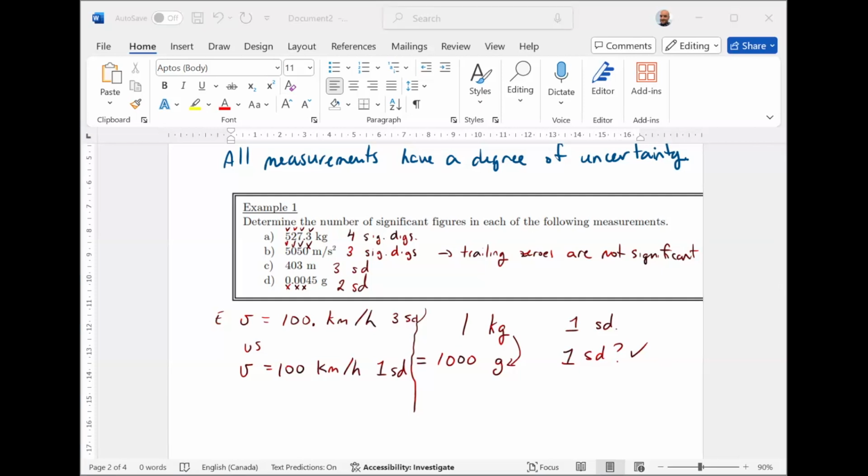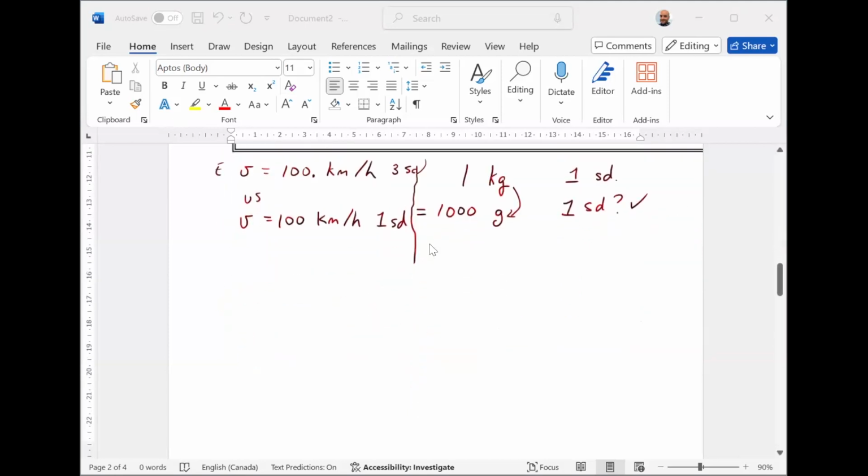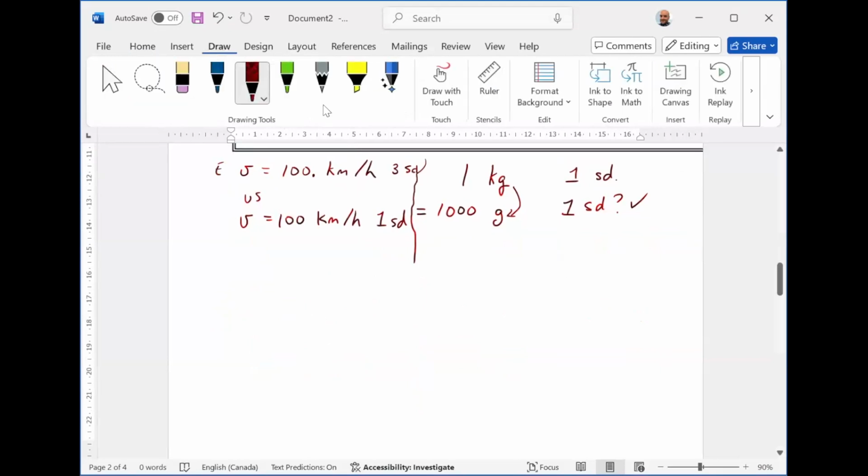So what are the, where am I here? Rules for significant digits. I'm going to focus on just one, just for practical reasons. And so I'm going to add this here as the rule. I'm going to type it out.